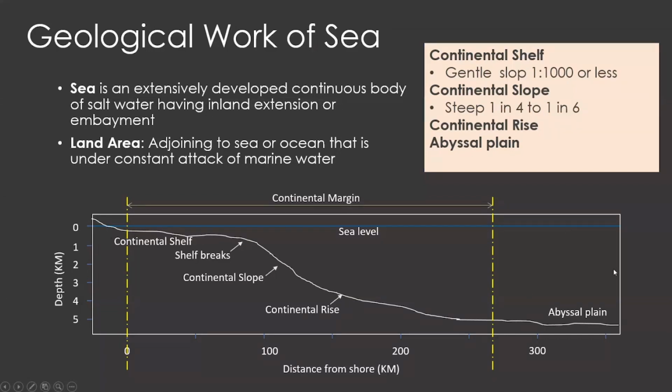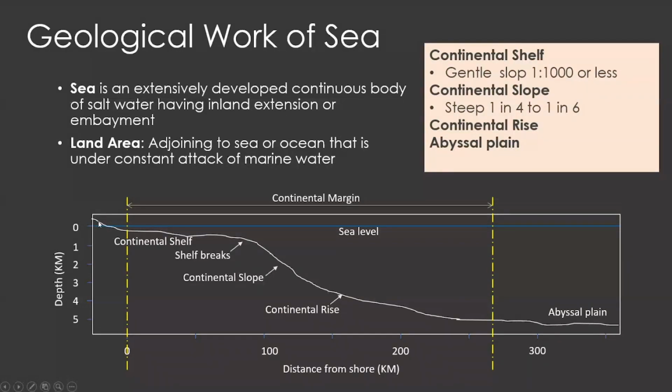Correct. So if I talk about the sea, the major action of the sea is the waves continuously coming towards the land, and a number of erosion and depositional processes happen in the part where the sea intersects with the land. The same thing happens where the waves generated from the sea abut the beach.